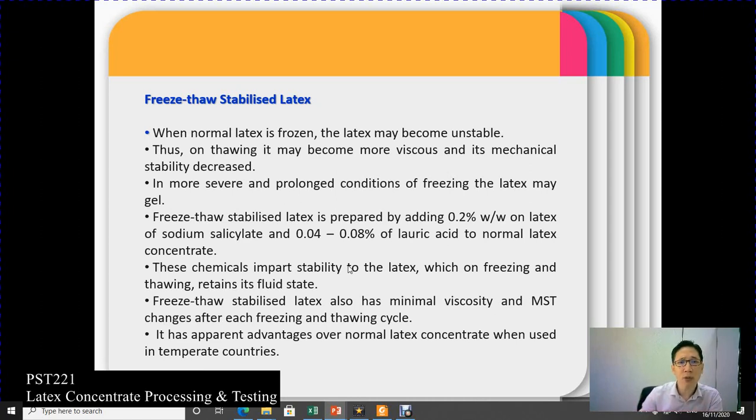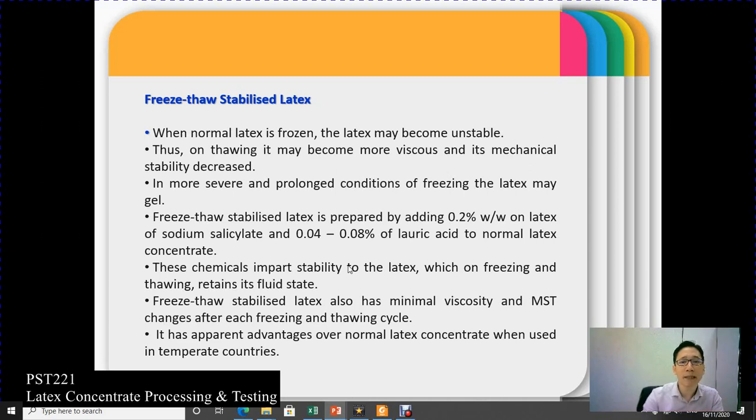Okay, freeze-thaw stabilized latex is prepared by adding 0.2% weight over weight on latex of sodium salicylate and 0.04 to 0.08% of lauric acid to a normal latex concentrate. So freeze-thaw stabilized latex is usually produced by the addition of these two chemicals.